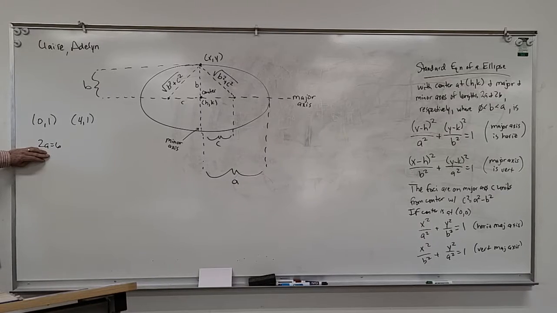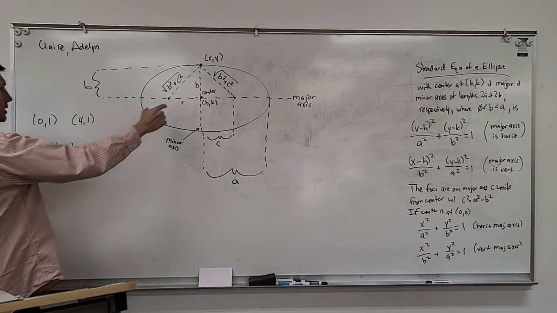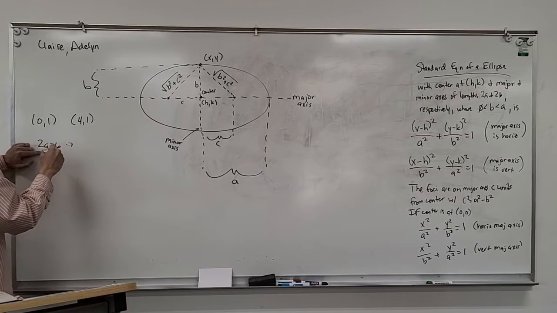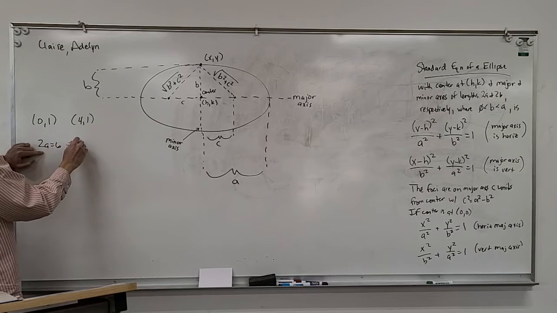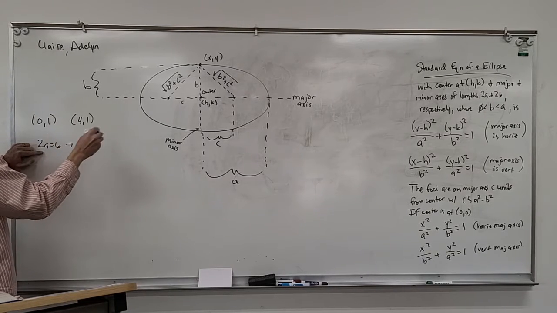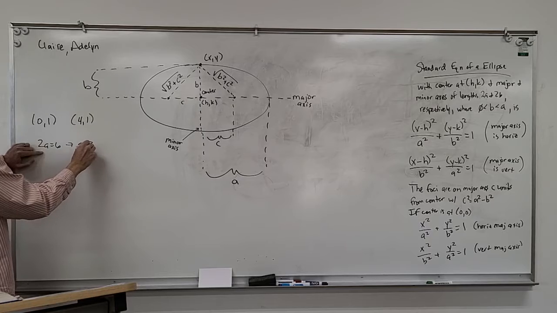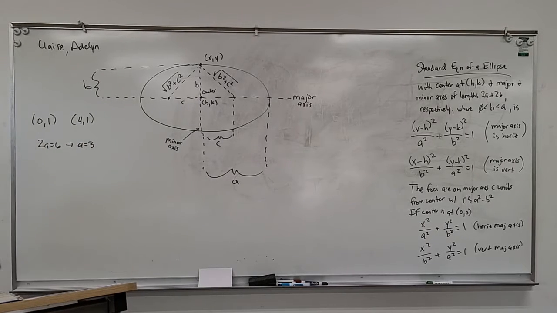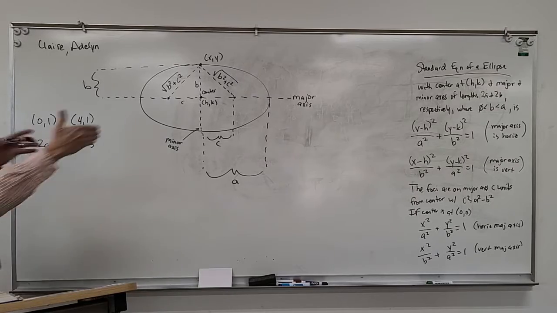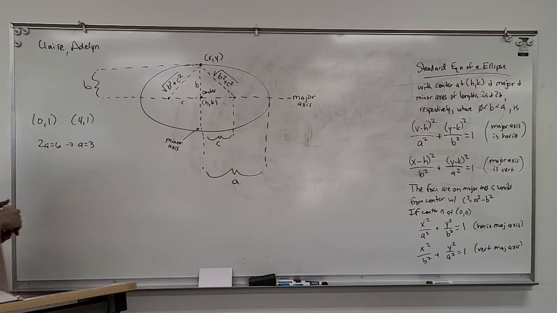So they've given us a drawing. If 2a equals 6, then we know that the distance of the foci from the center is going to be 3. No, wait a minute. That's the whole thing. My bad. So a equals 3. So this whole distance here equals 3.